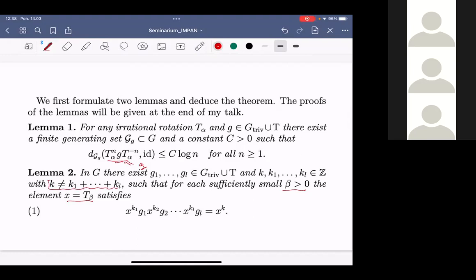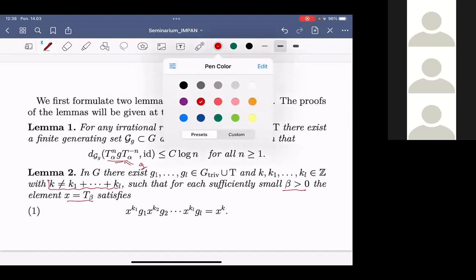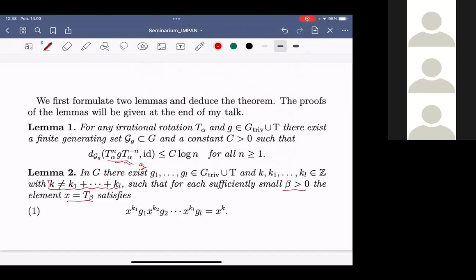So the power on the right-hand side is different than the sum of the powers of x on the left-hand side of this identity. Well, we can go to the proofs, but as I said, first I'd like to give the proof of the main theorem, so to deduce the theorem from these two lemmas.